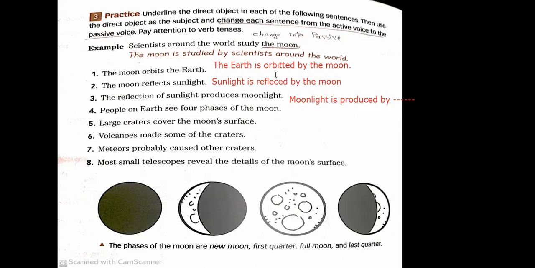I forgot to write the letter T. Reflected, yes, okay. So I write the sentence again. Sunlight is reflected by the moon.